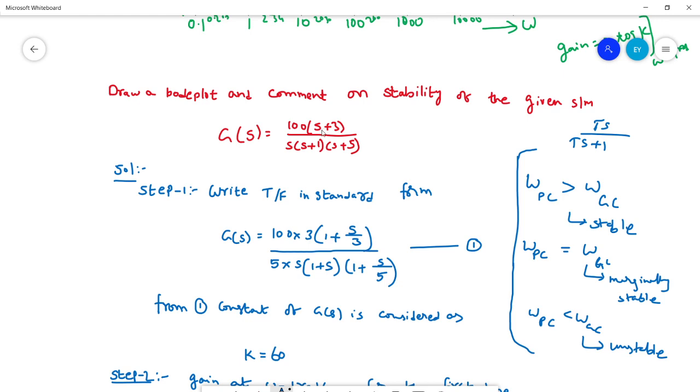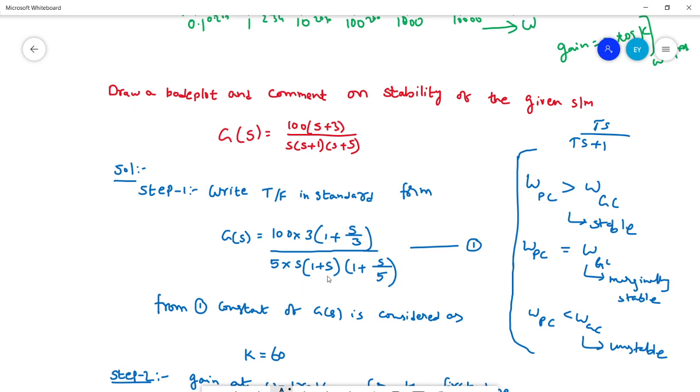Here the numerator has s plus 3; if you take 3 common, it becomes 1 plus s by 3, where 1 by 3 is considered as tau. Similarly in the denominator, s plus 1 is already in standard form, and for s plus 5 we take 5 common, so it becomes 1 plus s by 5, where 1 by 5 is the time constant tau for this pole.